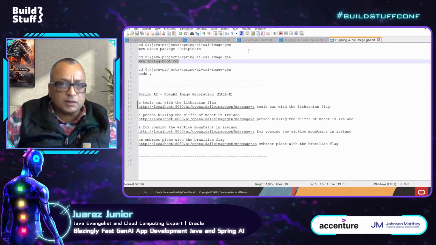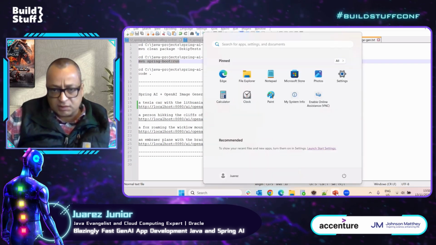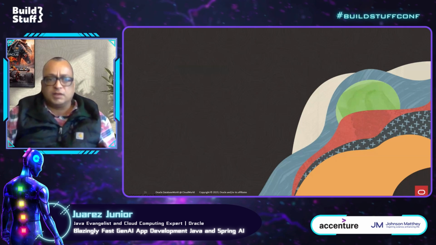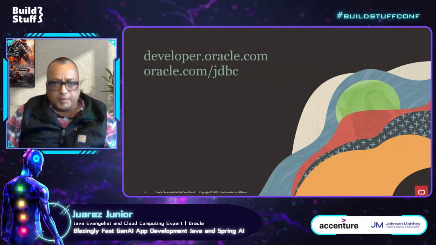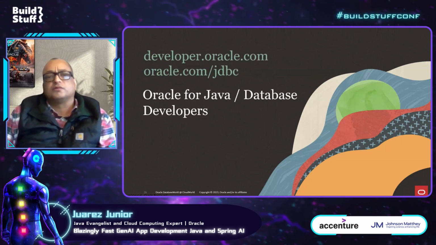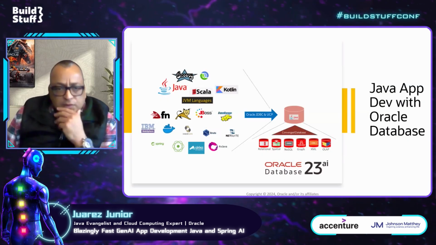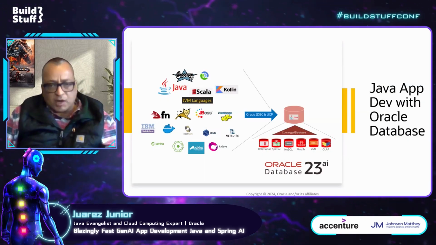That's pretty much everything that I have in terms of demos. I'm going to speak a little bit about Oracle for Java and for database developers. As you can see, the famous logos regarding Java technologies here.